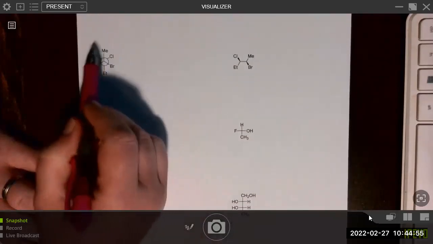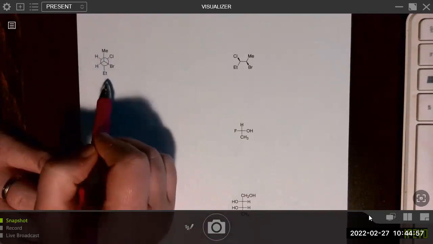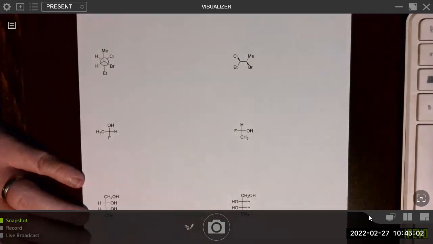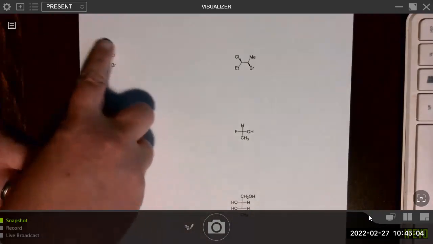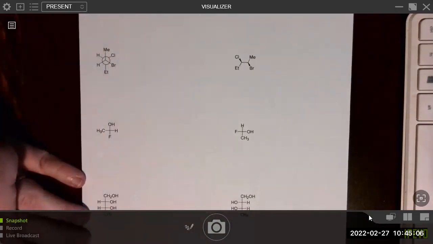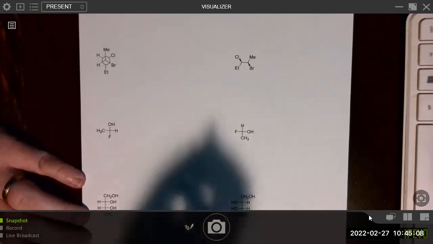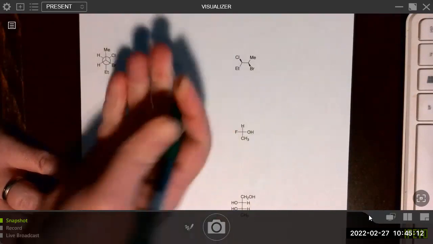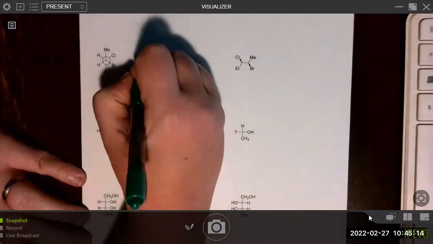For this next one, it's helpful if we get it out of the Newman projection and back into the dash wedge notation. It showed you how to do that on this exact molecule on the previous page. But we could go back. Remember, we're going to rotate this whole thing to the left.